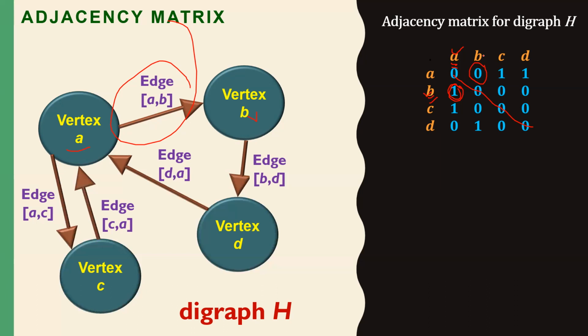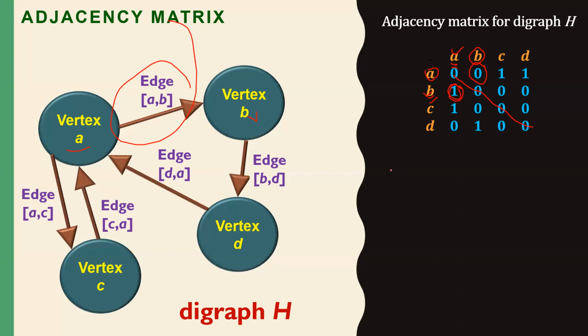It is 0 because I don't see any edge starting from B and ending in A. And this clearly shows that the adjacency matrix of a digraph is not necessarily symmetric, right? Because having an edge from A to B doesn't guarantee the existence of an edge from B to A. Okay? Does that make sense? I hope it does. Let me know if you have some questions.